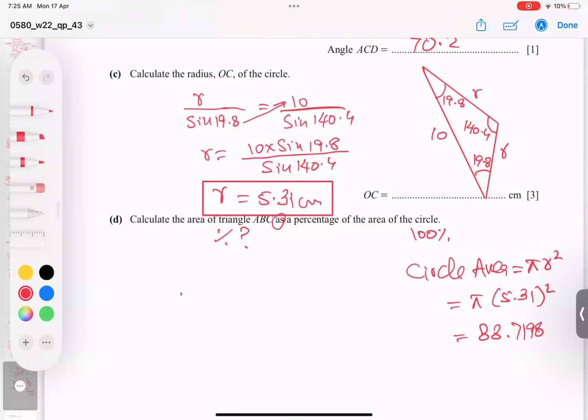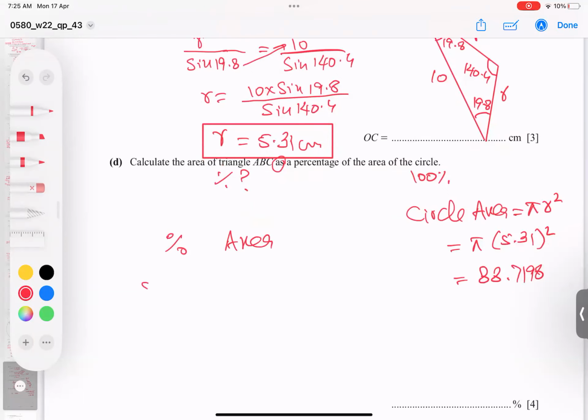I'm writing here percentage and here area: circle area 88.7198 equals 100%. And the area of the triangle, I want to find what percentage.